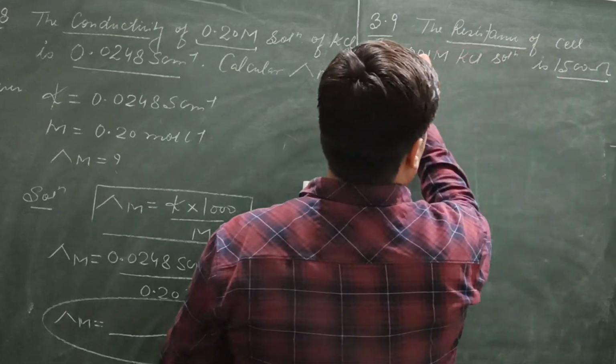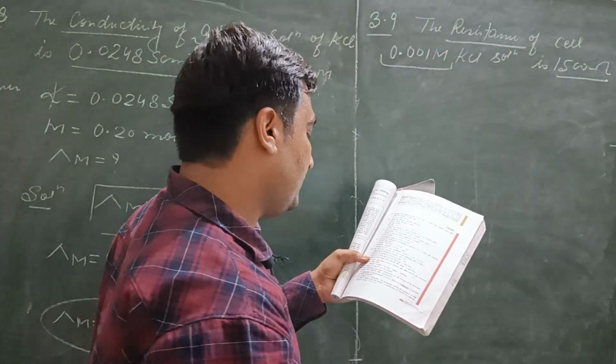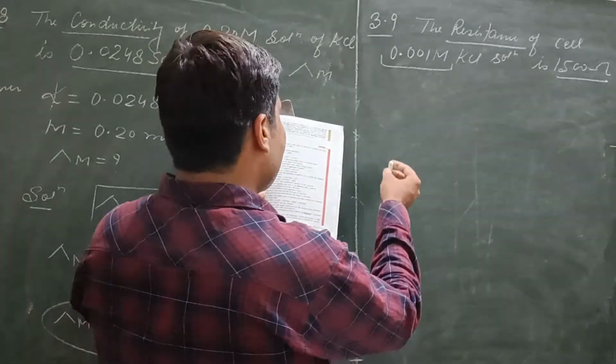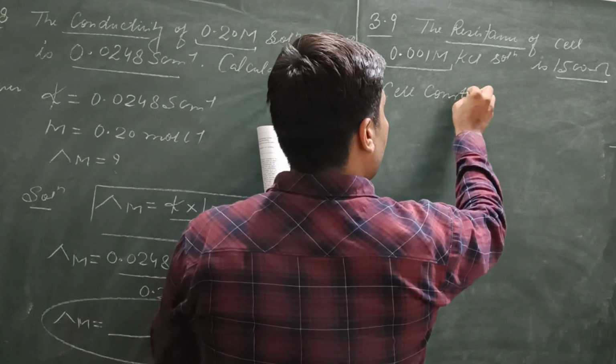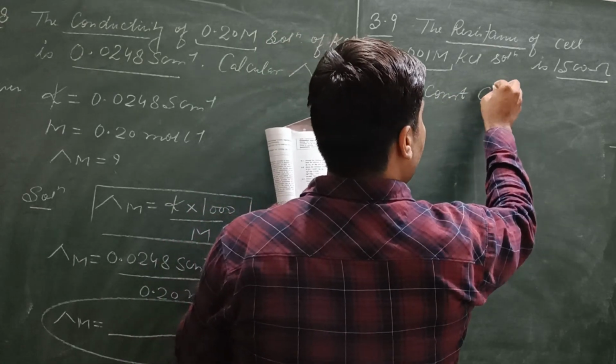Resistance is given for this molarity solution. What is the cell constant? We have to find out. Cell constant means G star we have to find out.